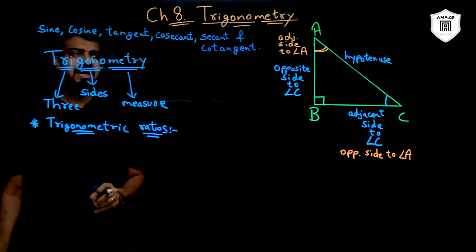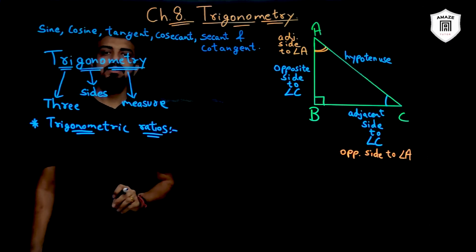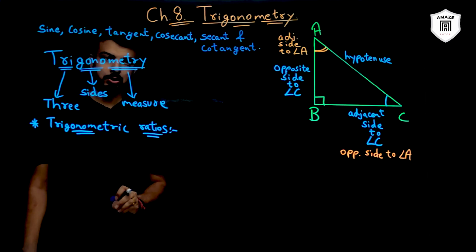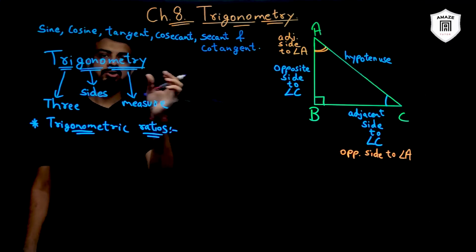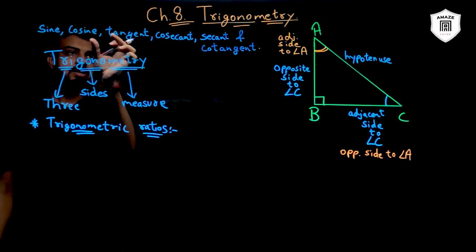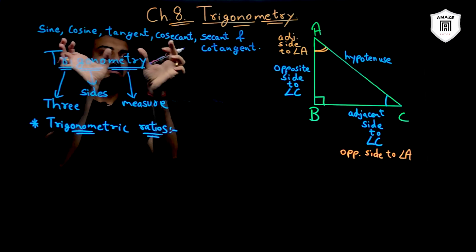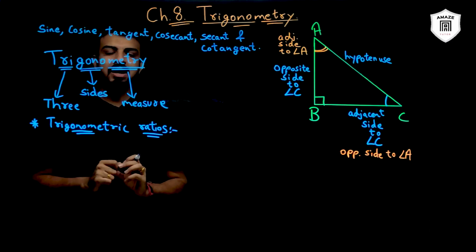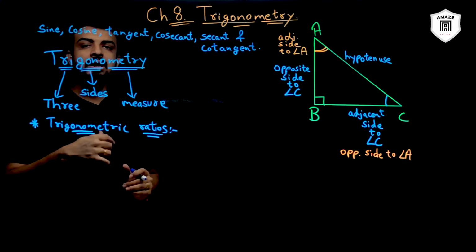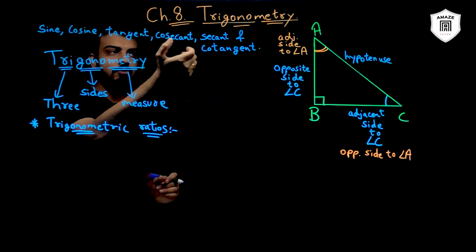These are the 6 names for the ratios. Each one of the 6 ratios is given a particular name out of the 6. But these are the bigger names, and here we generally use short names of them.